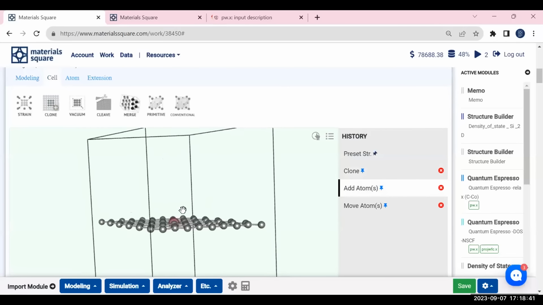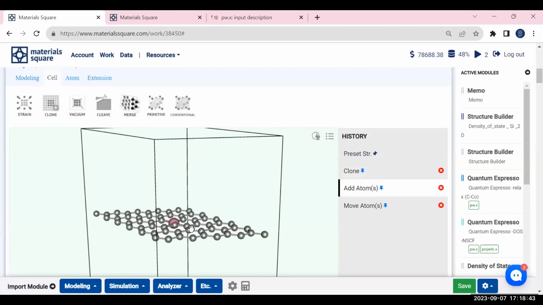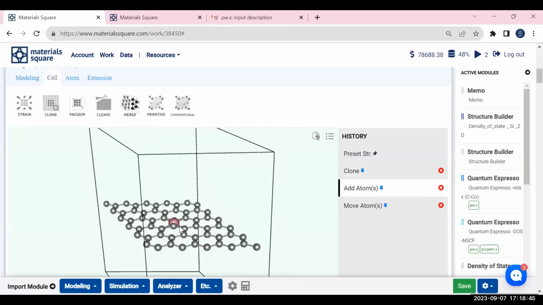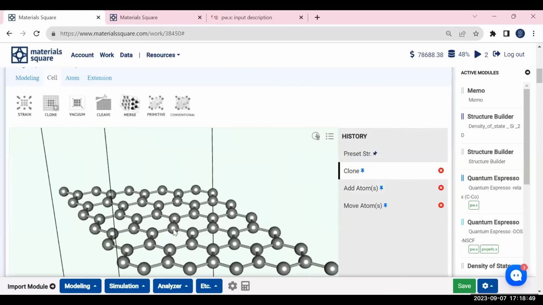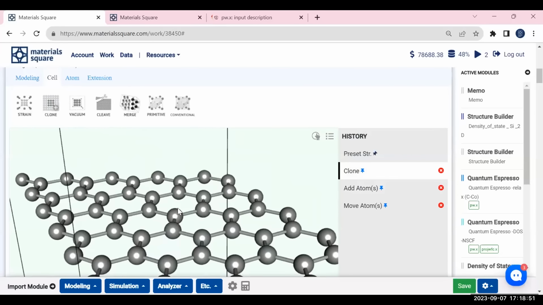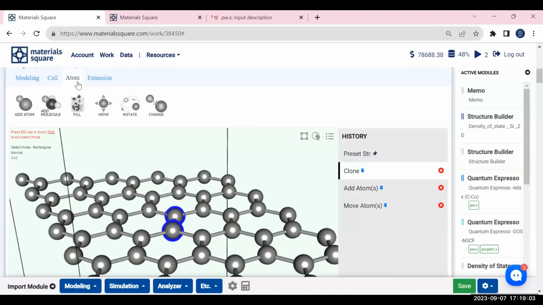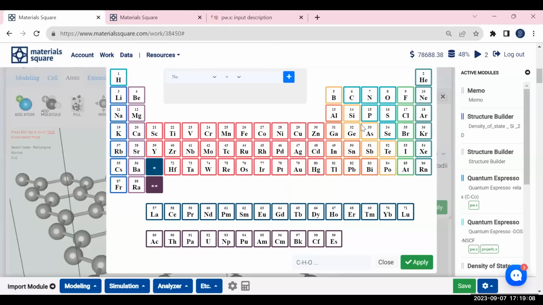How can you add an atom in here? I will repeat this step for you. So how can we add an atom between these two selected carbon atoms? You just press S, use your mouse to select this one. Now you have selected two atoms. Then I will go for the atom icon, add atom, select in here.